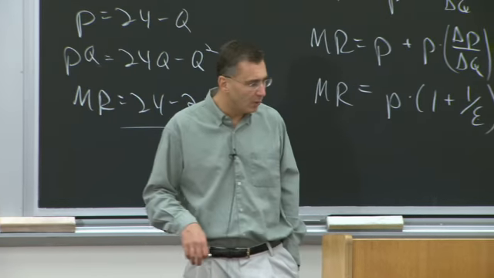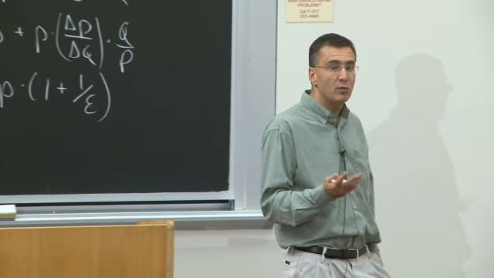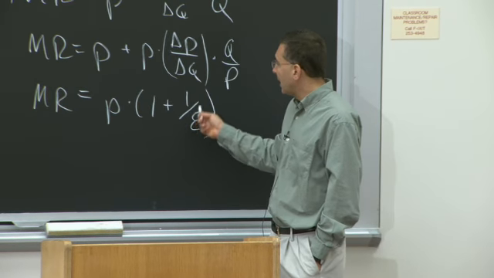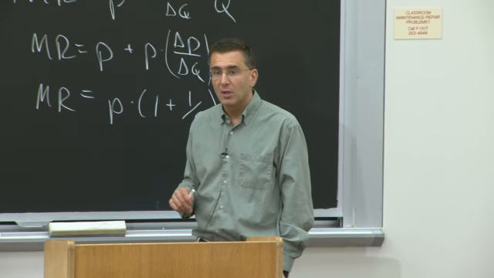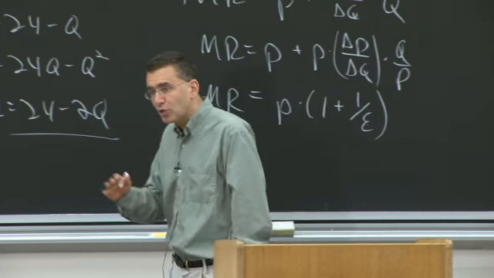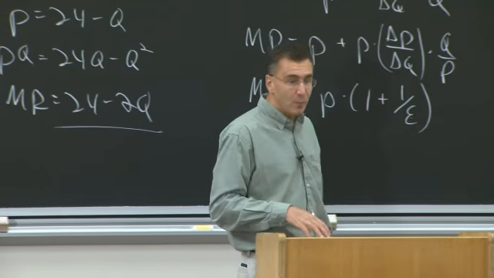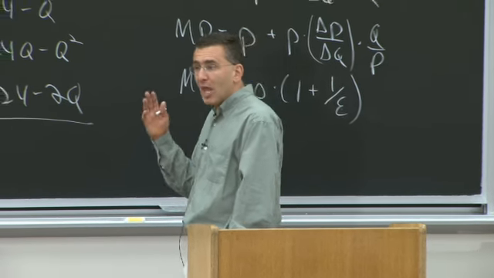So for example, if the elasticity of demand equals -0.5, then the marginal revenue equals -P. So if this is -0.5, then this becomes -2, so marginal revenue equals -P. You lose money. So as the elasticity of demand approaches 0, you're going to have a negative marginal revenue from selling the next unit. And why is that?